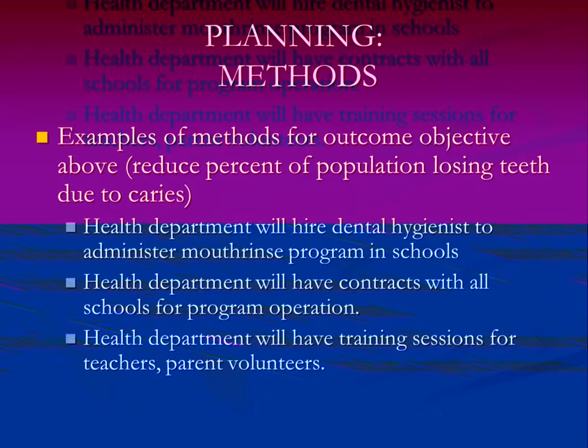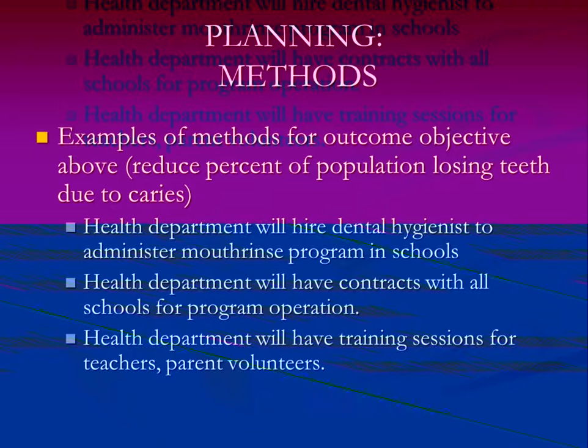So there are different ways that we can go about reducing the amount of teeth that are extracted or that are lost because of carious lesions and being bombed out teeth. So there are different ways that we could go about reducing that type of disease within the community.